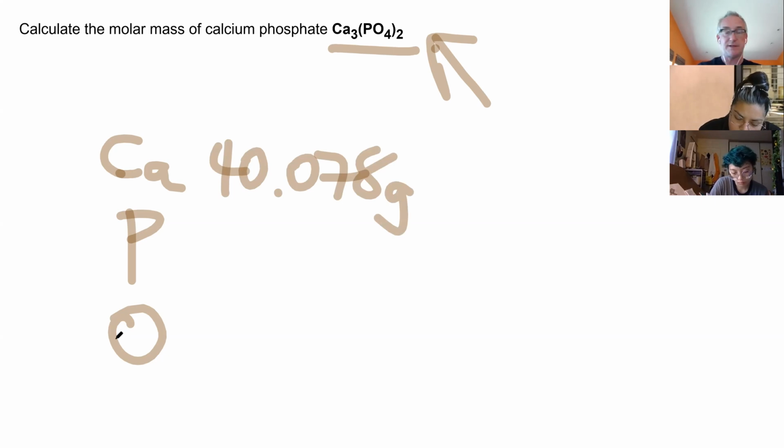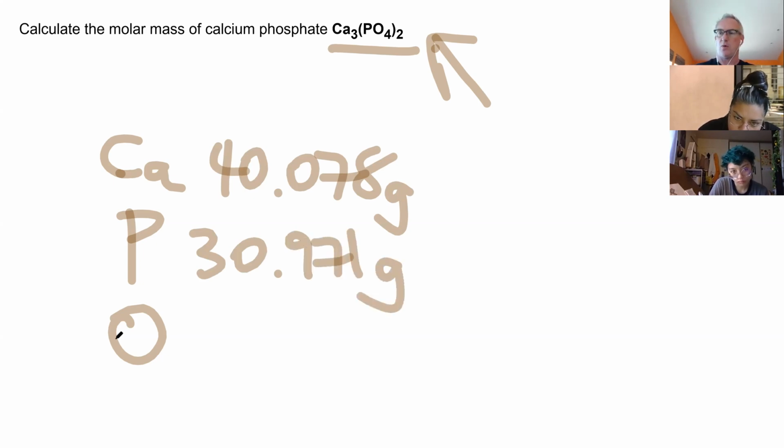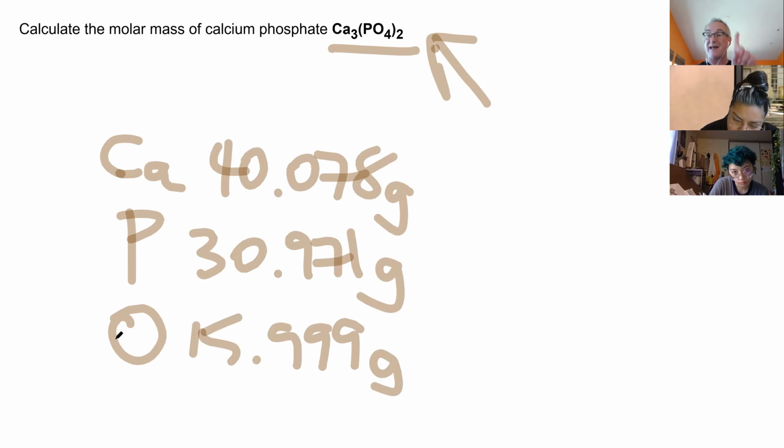With phosphorus, it's 30.97 grams in a mole. And with oxygen, it was 15.999 grams in a mole. That's for one atom, okay? But the question is, how many atoms of each one of these do we actually have? So how many atoms of calcium do we have?